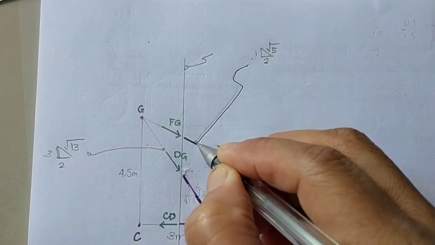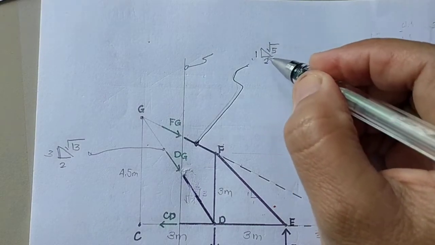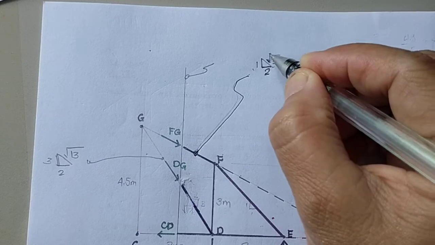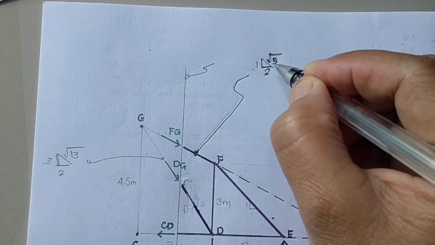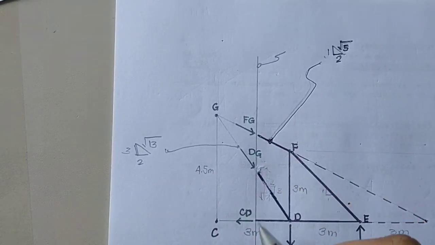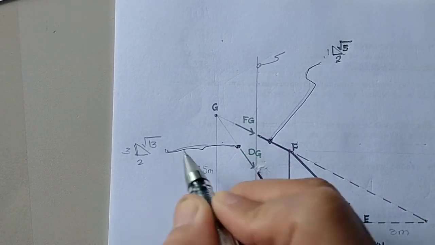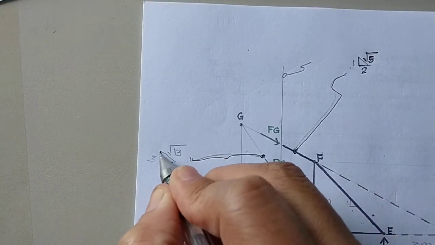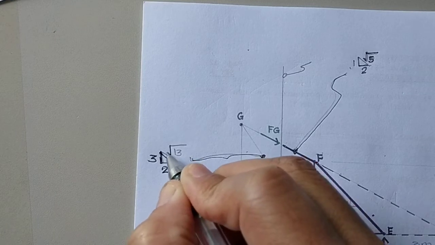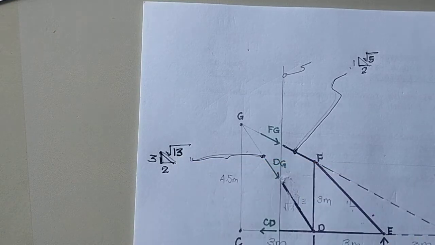This is the slope of member GF: 1 vertical, 2 horizontal, and for the hypotenuse, square root of 5. And for member DG, the slope is 3 vertical, 2 horizontal, square root of 13 for the hypotenuse.